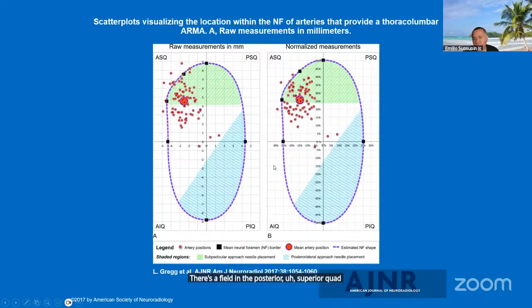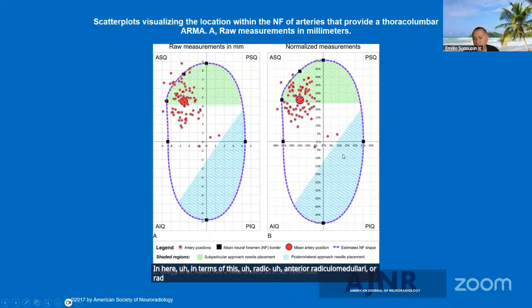There's 2. And very rarely there's one in the anterior inferior quadrant. And if you look at the scatter plot, there is nothing in terms of anterior radiculomedullary or radicular artery location in the posterior inferior quadrant.